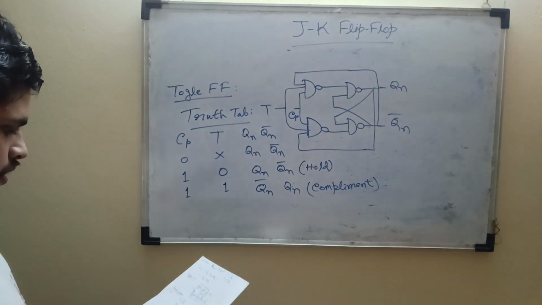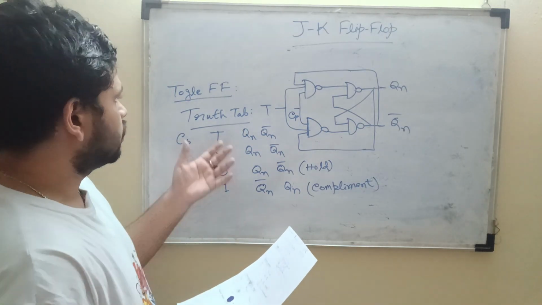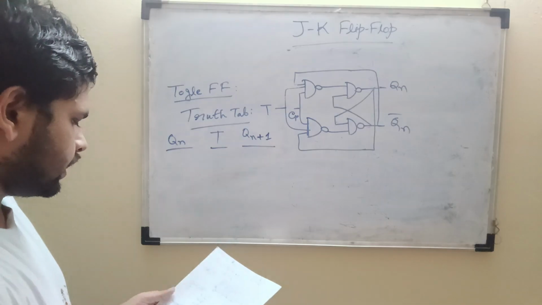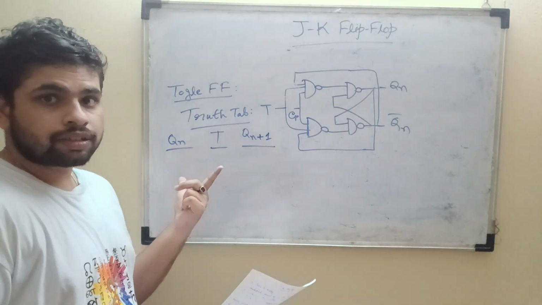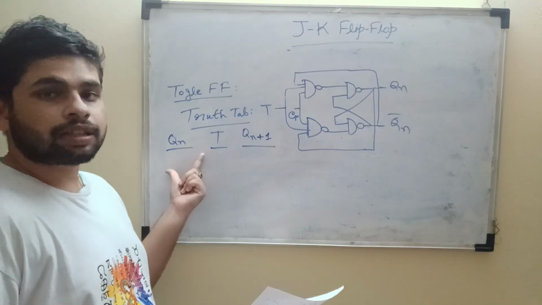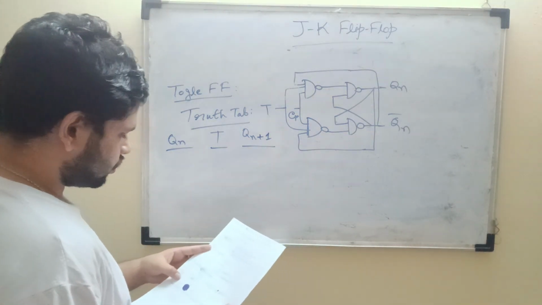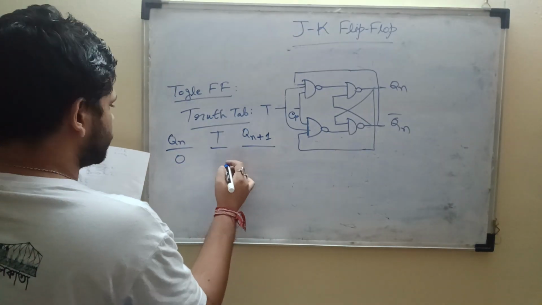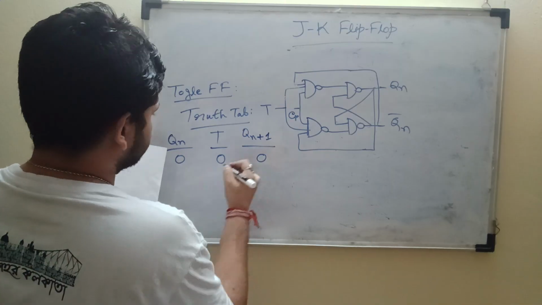Finally we will discuss the characteristic equation of the toggle flip-flop. To find it, we again rely on the tense system: past output, present input, and the future output. When the past output is 0 and the present input is 0, the next output will be 0.